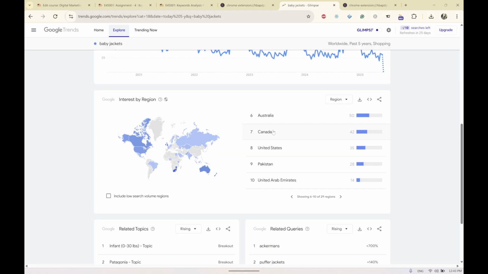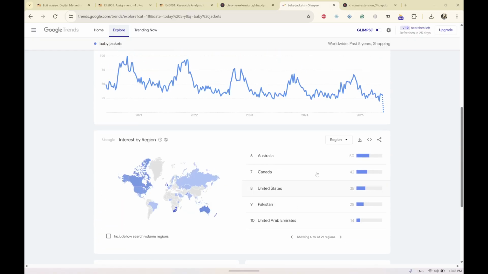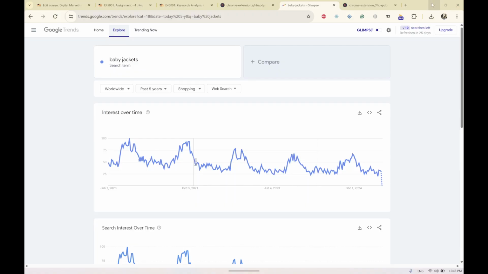Canada I put in there, but I put it thinking that Canada and the United States has the highest. But right now it's not winter time, but in Australia maybe and in New Zealand they're still getting into winter. We're getting into summer. Pakistan, United Arab Emirates, I put it in there, but you see the potential is not that high on online purchases in the Middle East. Seems to be. I'm not sure, but this is only one word. I cannot generalize that.